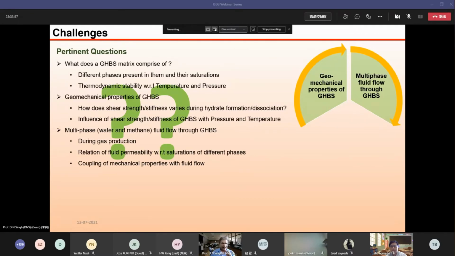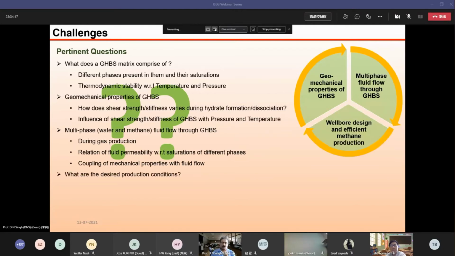And hydrate saturation is an offshoot of the amount of initial moisture which is present in the matrix of the sediments, type of gases, concentration of the gases, and the thermodynamic conditions which are prevailing at that point, that is the pressure and temperature. How would you couple these things? So this becomes a very challenging thought. And then we want to talk about the production condition, that is wellbore design and efficient methane production.